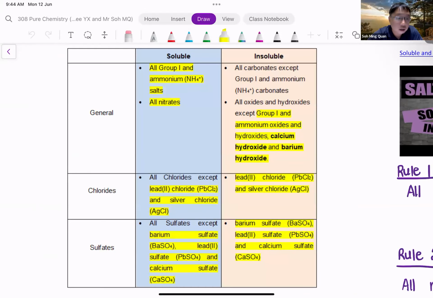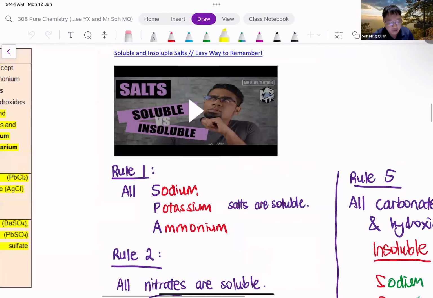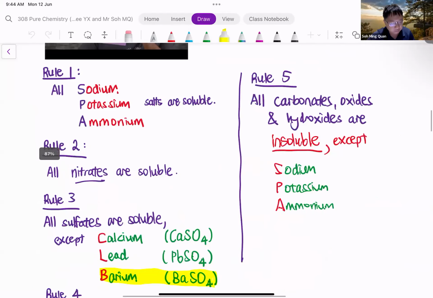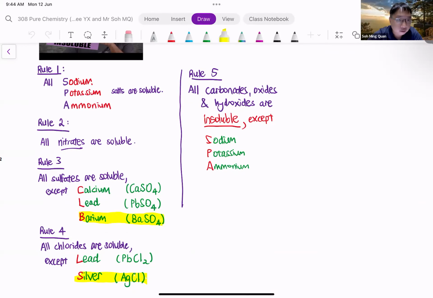Okay, so the solubility rules are all listed here, all right? But if you would like a rewording of these solubility rules, they are basically 5 rules for short. Okay, so the 5 rules are: rule number 1, all sodium, potassium, and ammonium salts are soluble.